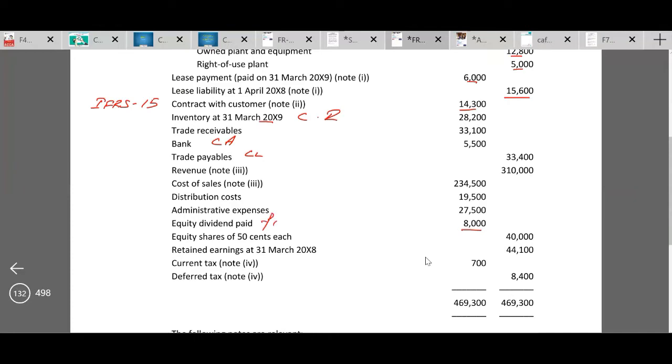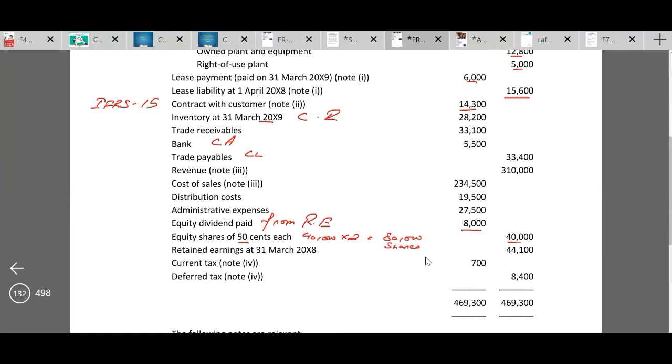So we'll treat this from the retained earnings. And then you have the share capital, 40,000. So 40,000 is the amount, this is in dollars, and each share is worth 50 cents. So how many shares? Number of shares will be 40,000 into 2, so 80,000 shares.